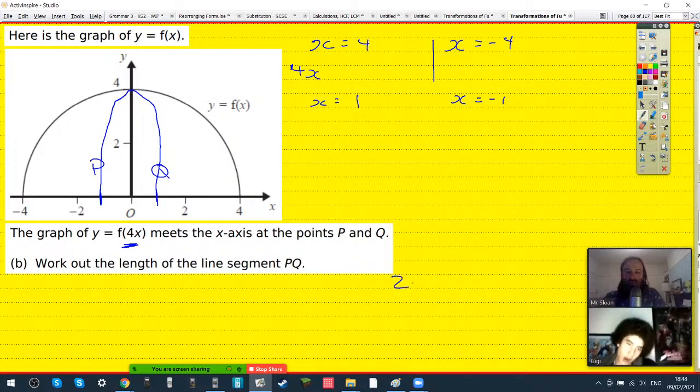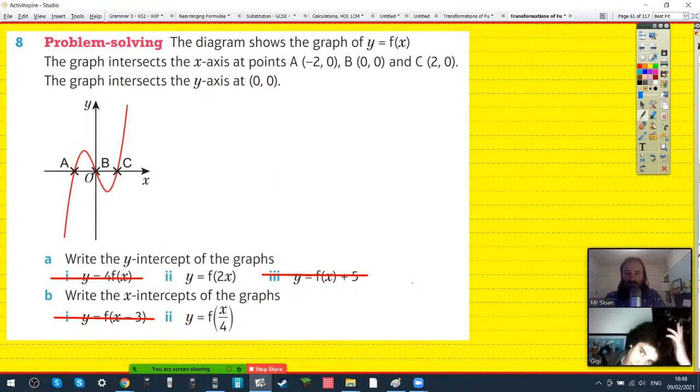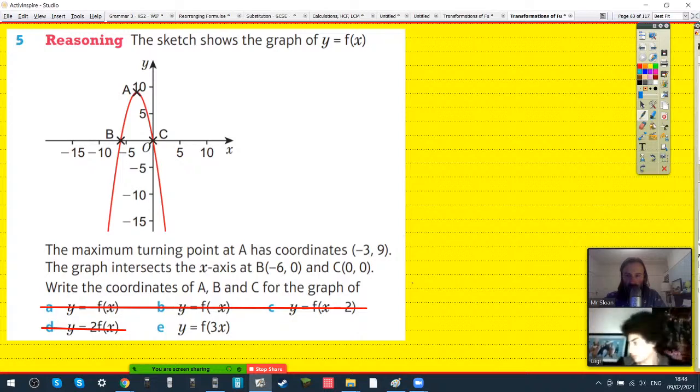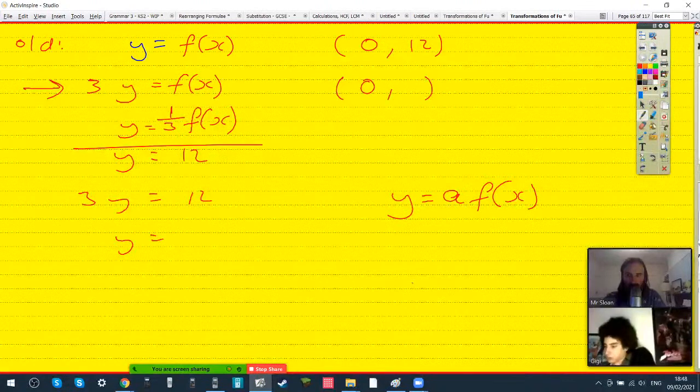So that's just 2. Let's see this one. No, I think you're pretty good for this stuff. Okay, now it's the y direction. If it's brought to the other side, y is replaced by 3y. What will that do to the y's?